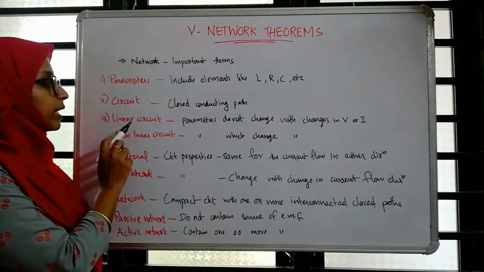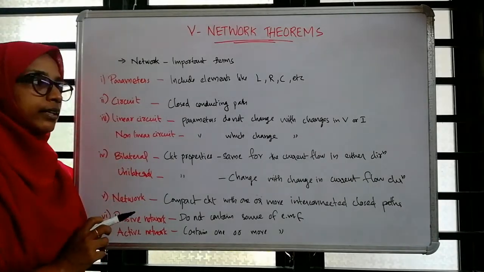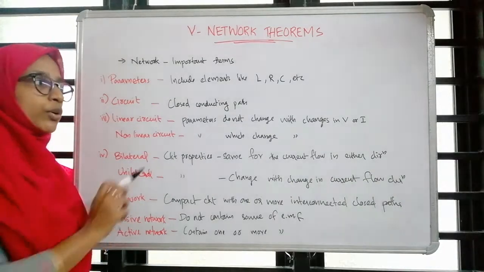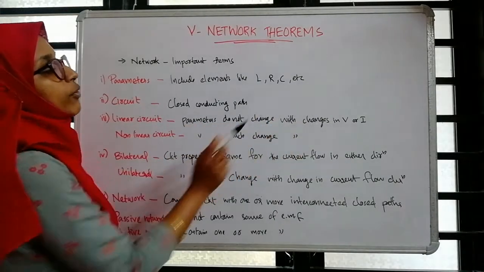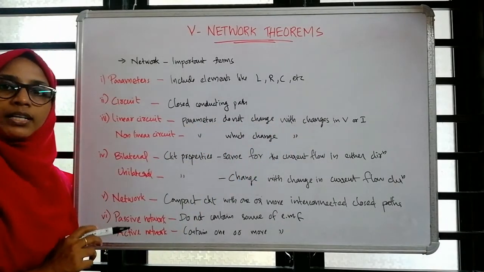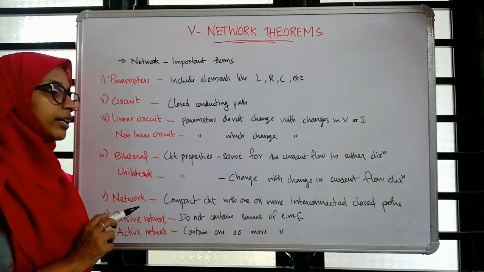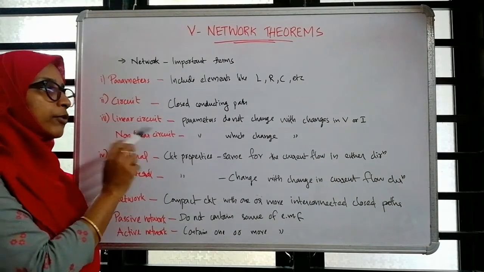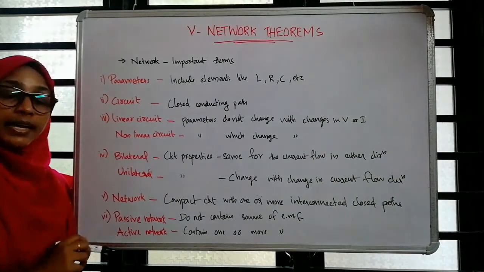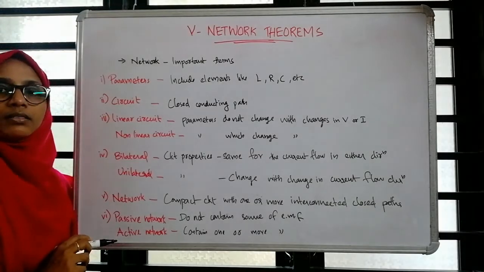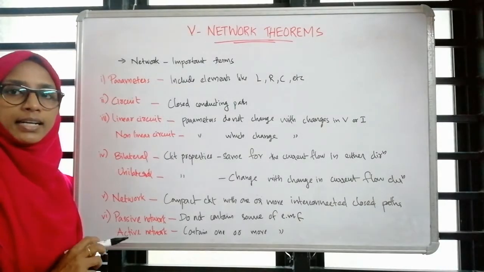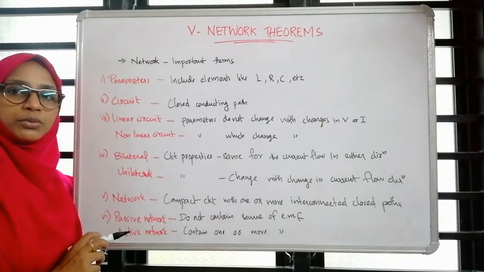And the next one, linear circuit and non-linear circuit. The parameters which do not change with the changes in the voltage or current or EMF are said to be a linear circuit, and a circuit in which the parameters change with the changes in voltage and current is said to be a non-linear circuit.